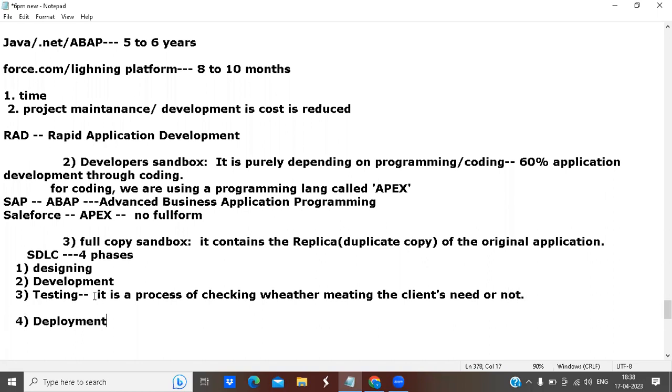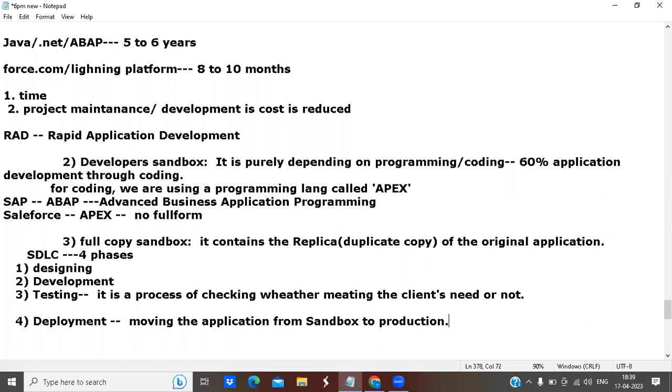After testing we go for deployment. Deployment means moving the application from sandbox to production.